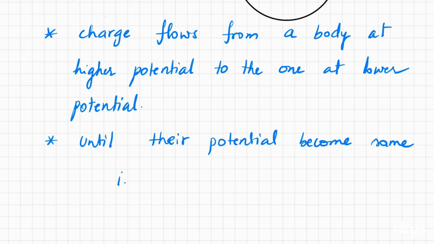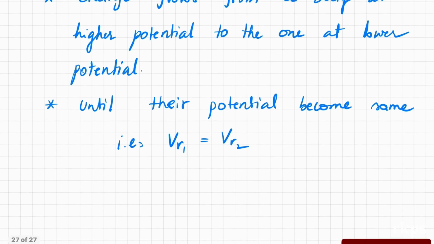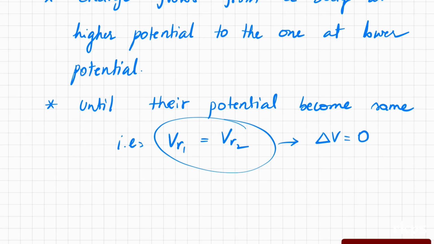That is, the potential of sphere R1 should be equal to the potential of sphere R2. This means the potential difference will be equal to 0. The charge transfers from the body at higher potential to the one at lower potential until the potential difference across the two connected conductors becomes 0.